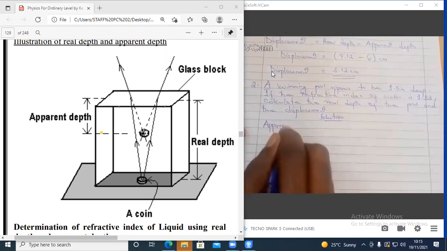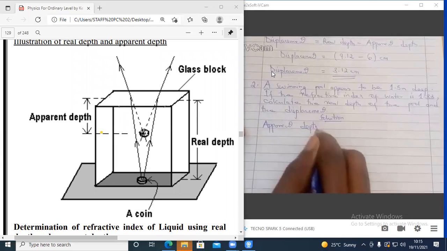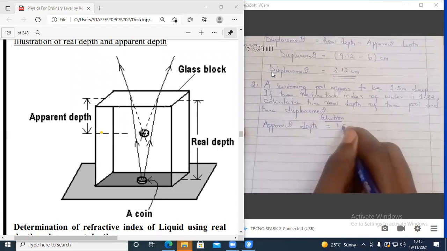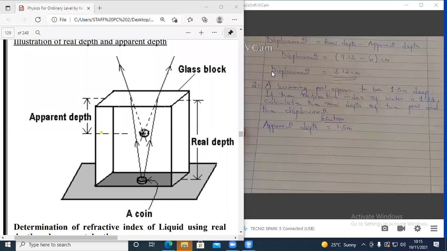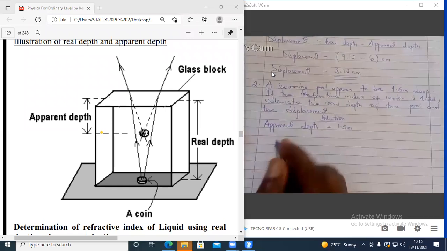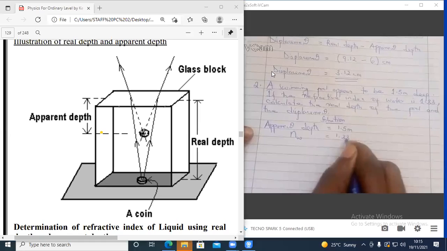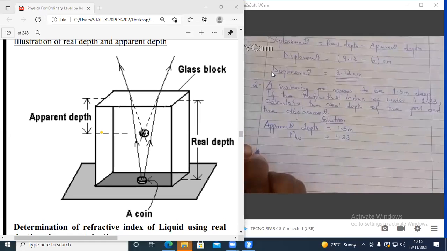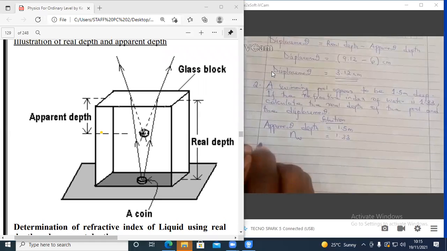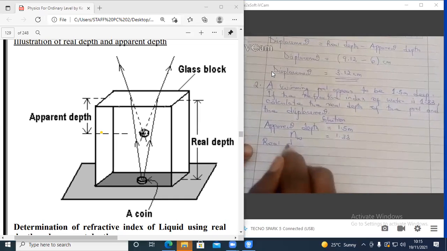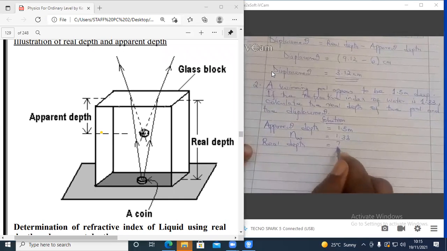So apparent depth was given to be 1.5 meters. They have given us the refractive index of water, which is 1.33. Now they want us to find the real depth.